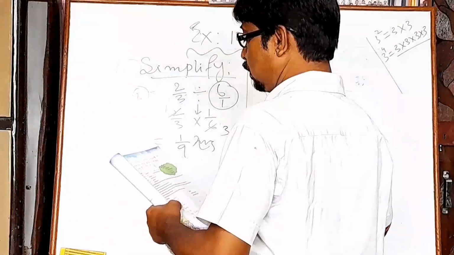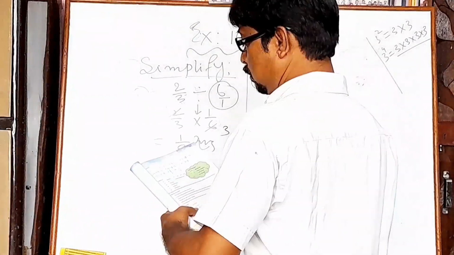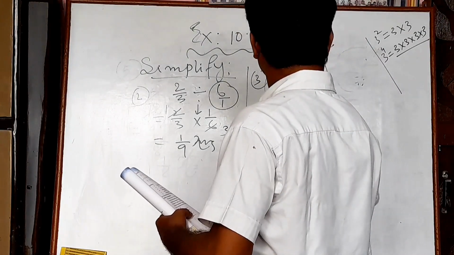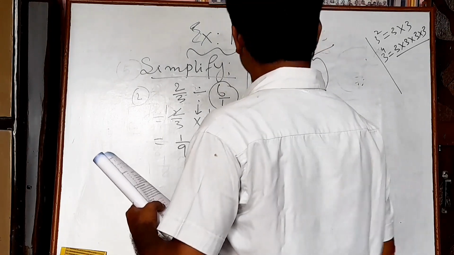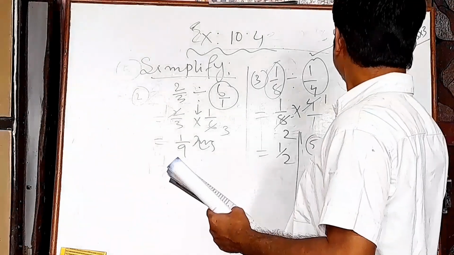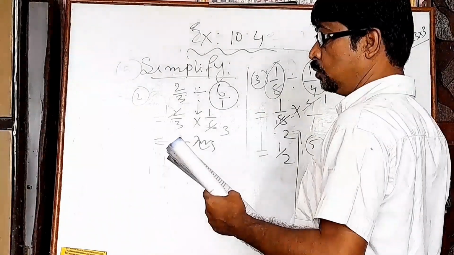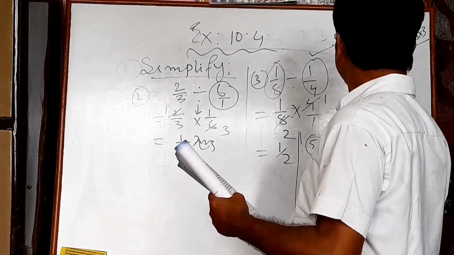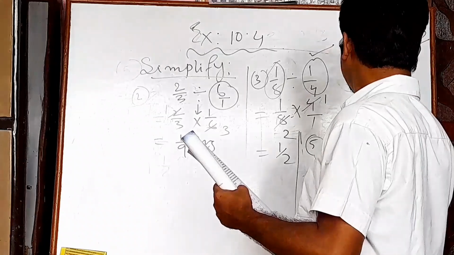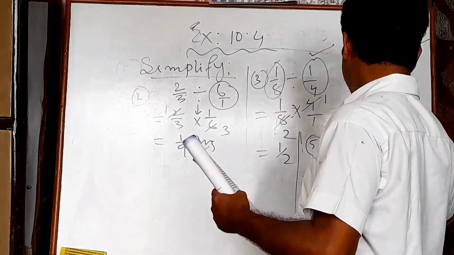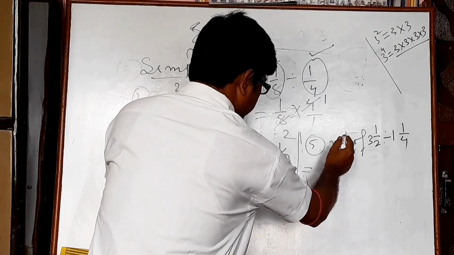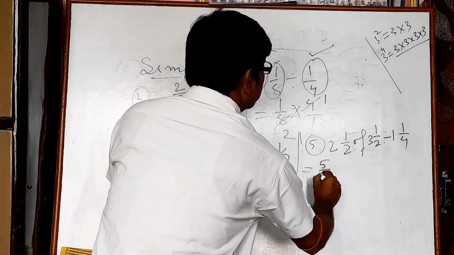Now see question number 5. Question number 5 is 2 whole 1/2 of 3 whole 1/2 divided by 1 whole 1/4. 2 twos are 4, 4 plus 1, 5/2.